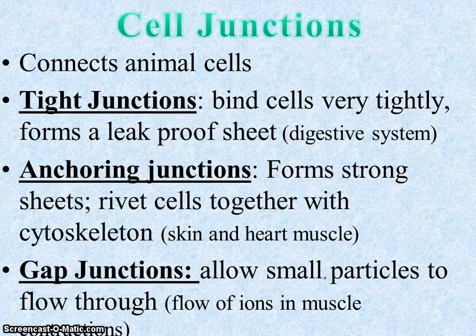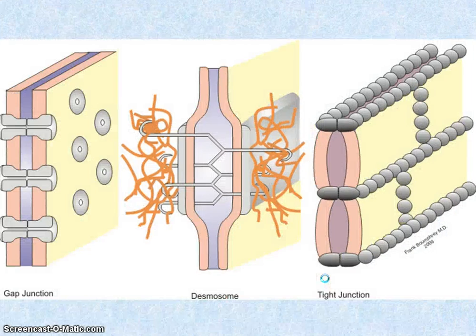Very, very tight, almost leak-proof. Whereas the anchoring junctions are going to be found in the skin and the heart, and they form a strong sheet. Okay, and the gap junctions, well, there are gaps in it, so small particles can flow through, and we're going to see that in the muscular system. And just to show you the different pictures of what they are.